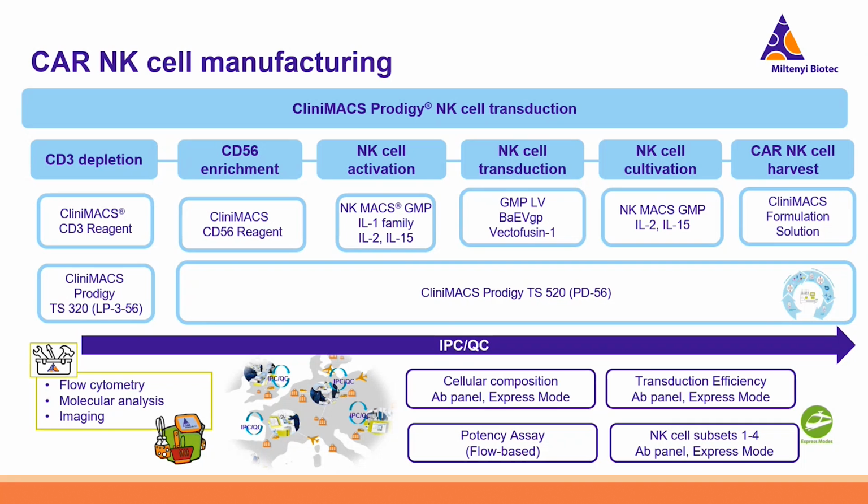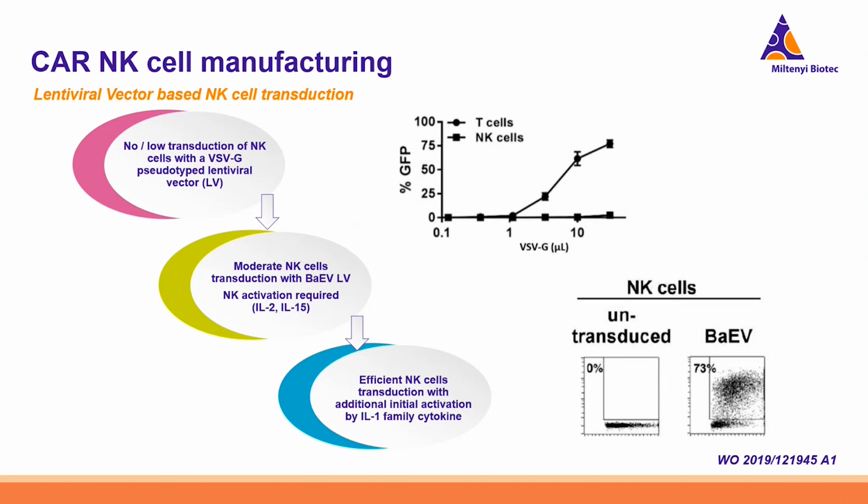We have different webinars as well for this and more in depth, but just in general, I want to start by saying that we are using a different lentiviral vector envelope because we tested the VSV-G, and this is the most common one used for T cells. But we learned that this is not working for the NK cells. Therefore, we changed that and we're using the baboon envelope.